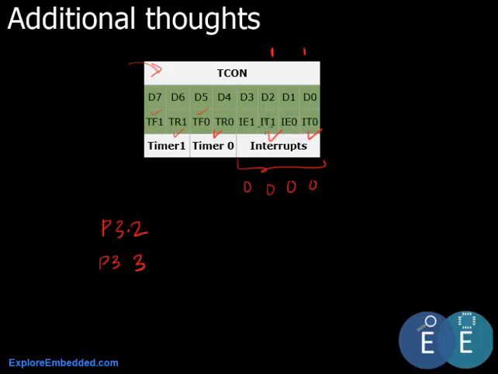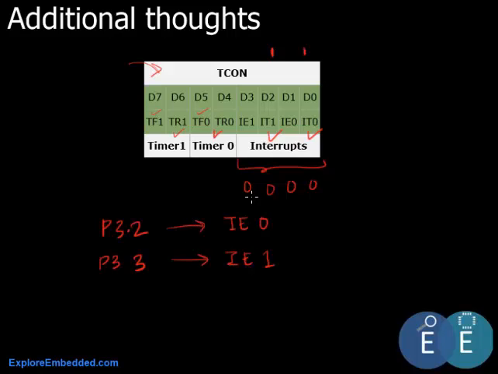If these bits are set to 1, these interrupts become edge triggered. And when an edge triggered interrupt occurs, this is notified on IE0 for port 3.2 and IE1 for port 3.3. So this is about the edge triggered interrupts. You can try that as well.